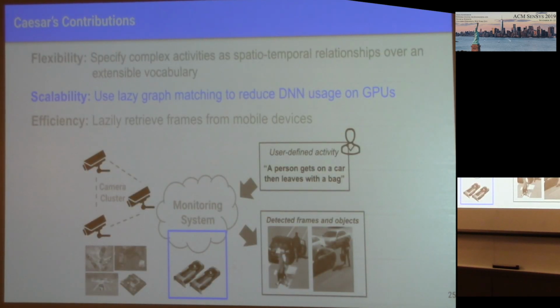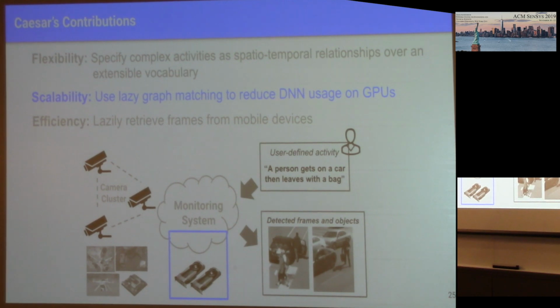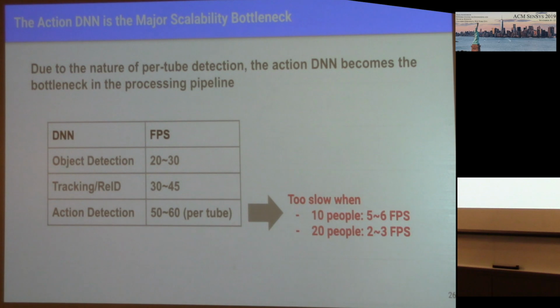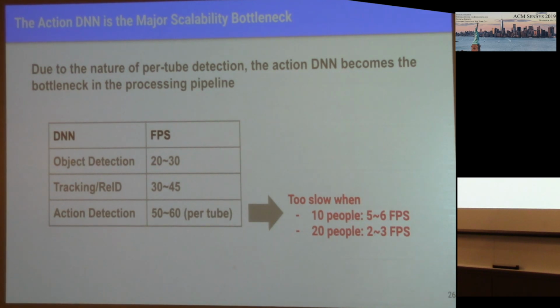Let's look at the second contribution, scalability. To understand what scalability means, let's first look at the bottleneck that we face. From our experience, most of the system's overhead comes from the deep neural nets. In Caesar, we use three deep neural nets: the first one for object detection, then the re-ID deep neural net, and also the action detection neural net. We can see that the action detection neural net is the heaviest part.